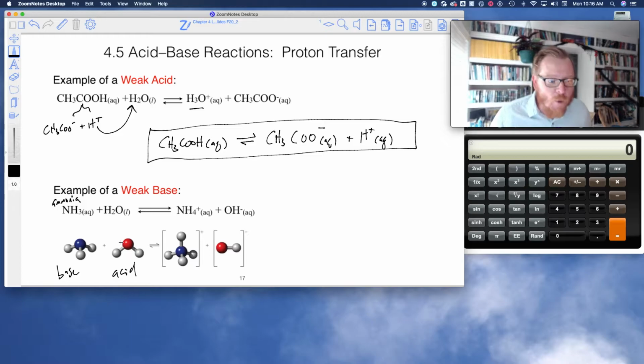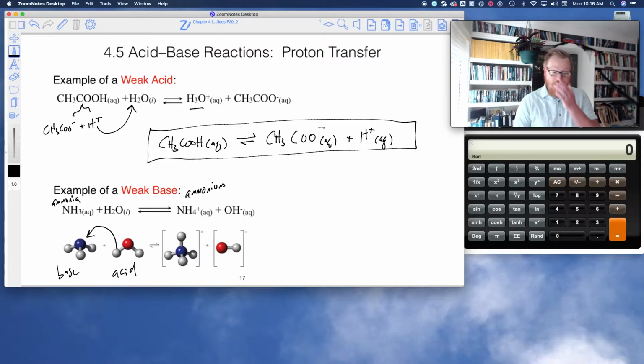So what's it doing? Well, it's donating a proton to the ammonia. And now look what happens. If I take one of these protons and add it to NH3, it has to become NH4, but also I remember my protons are positively charged, so it has to become ammonium.